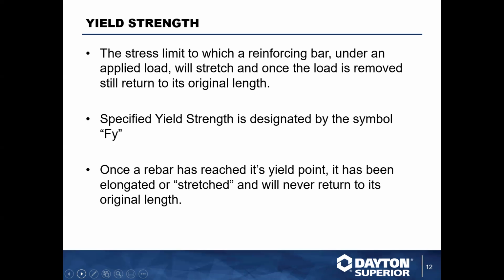Once a rebar is fully loaded, going right to its full ultimate, it does not retain any of its elasticity. It will not come back into shape, and it will not go back to where it has that flexural strength.